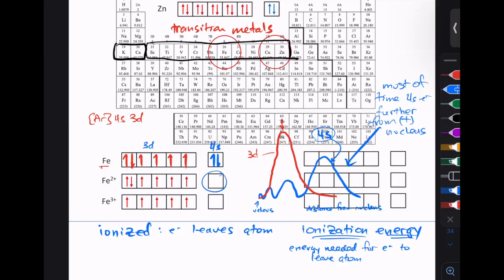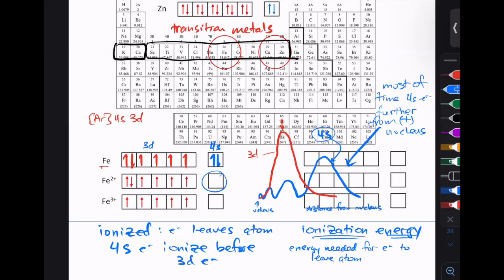All right, so it seems a little backwards, but it's not really. We're not talking about exactly the same thing. One is talking about the energy level as we fill them in. The other is talking about how much energy it takes to get them to leave. So the 4s electrons ionize before the 3d electrons. And the same would be true if we were at a higher principal energy level.